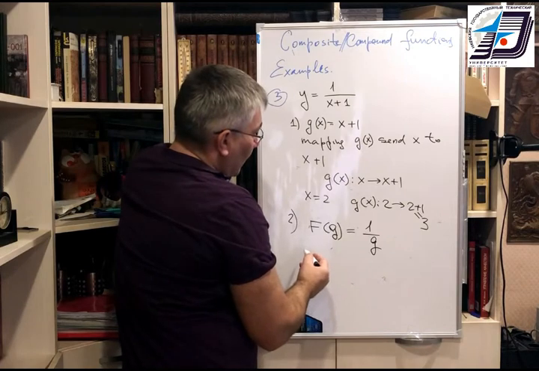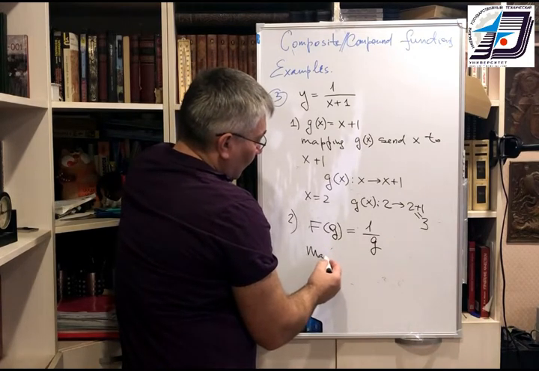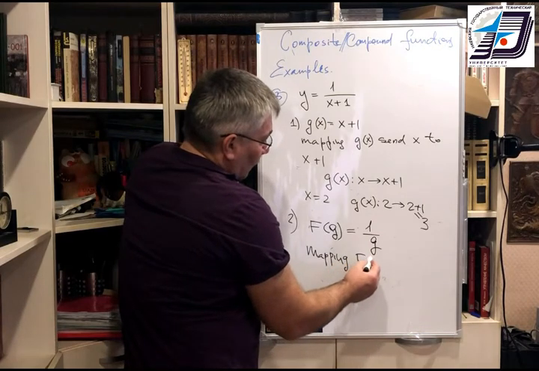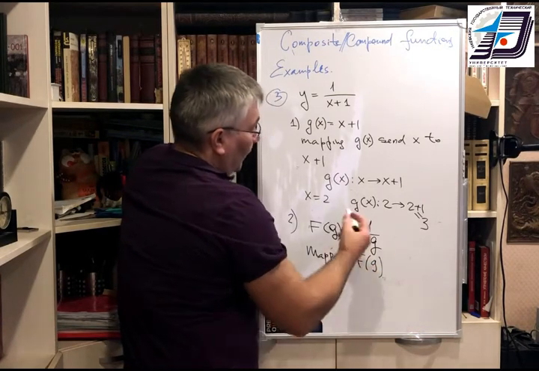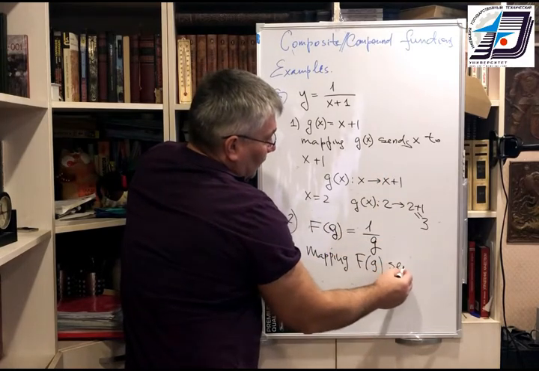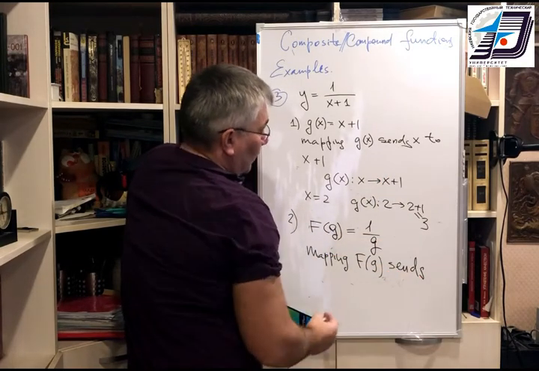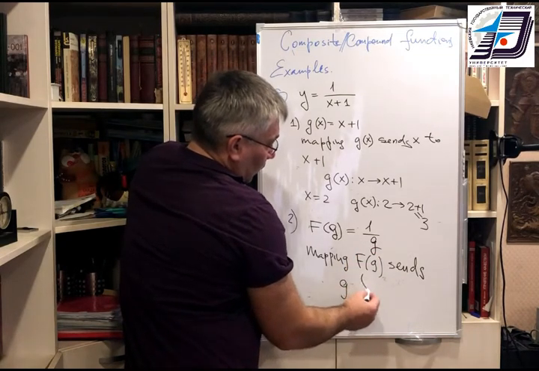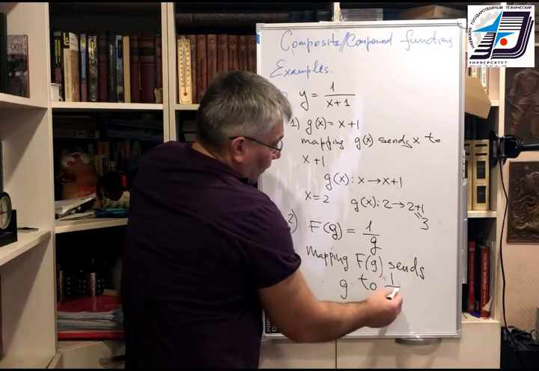So I add 1 to x and divide by this x plus 1. So we can say that mapping f of g sends g to 1 over g.